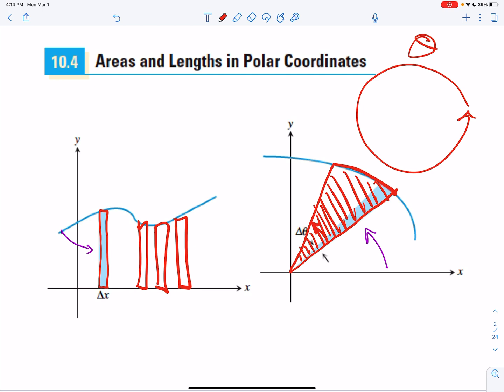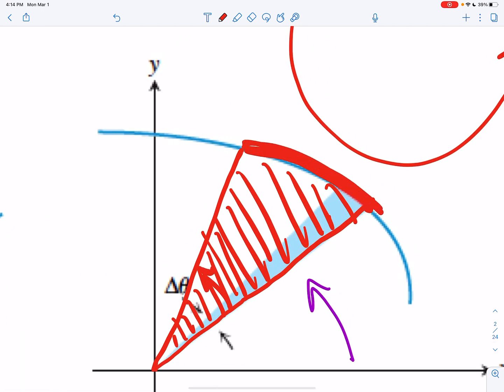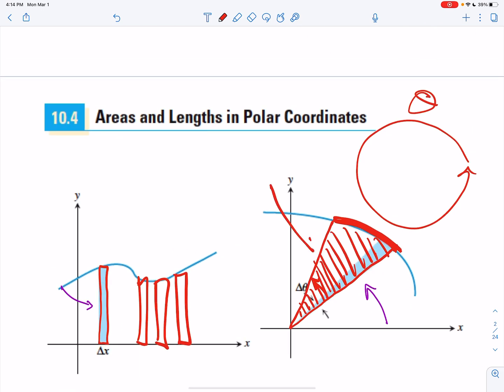It looks like a pizza slice. Not a triangle because this end here is curvy, right? So you wouldn't call it a triangle. But this is called a sector. So it's really serving the same purpose as what you guys did back in AB when you're finding areas under curves. So you'll see a lot of similarities there, okay?